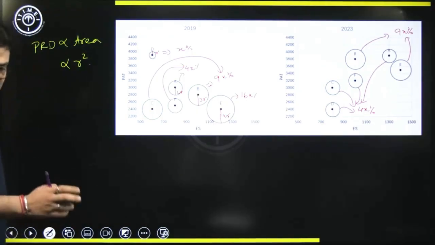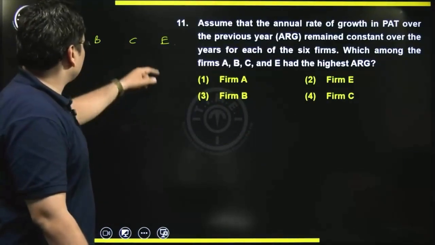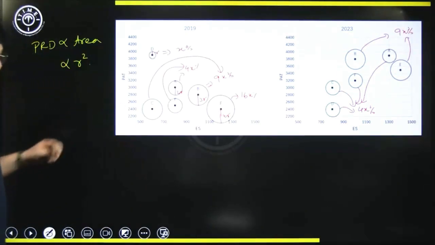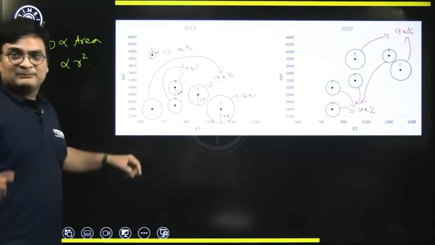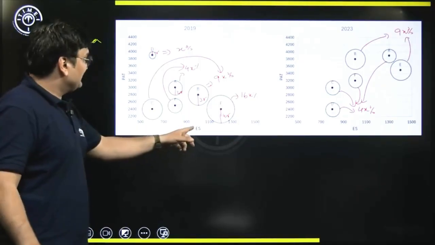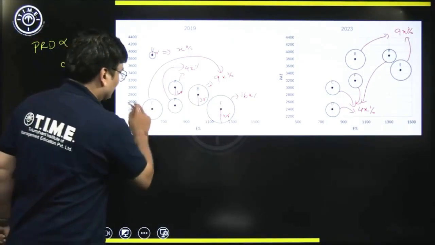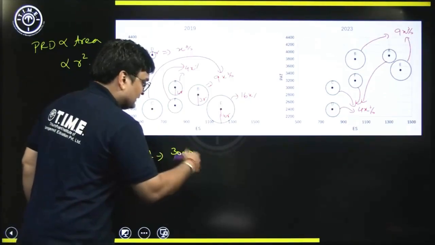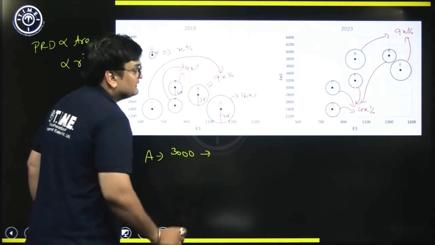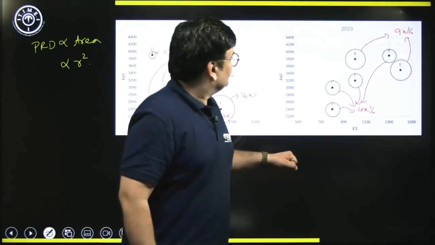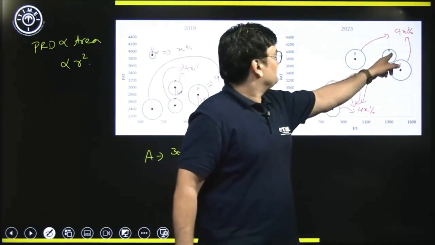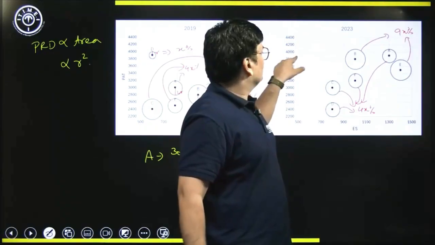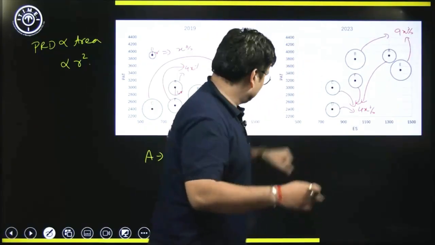If you look at the options only, let's focus on A, B, C and E. For A, the PAT value in 2019 was 3000. Next, it changed to a value between 3800 and 4000, so taking the average of the two, you may take 3900.